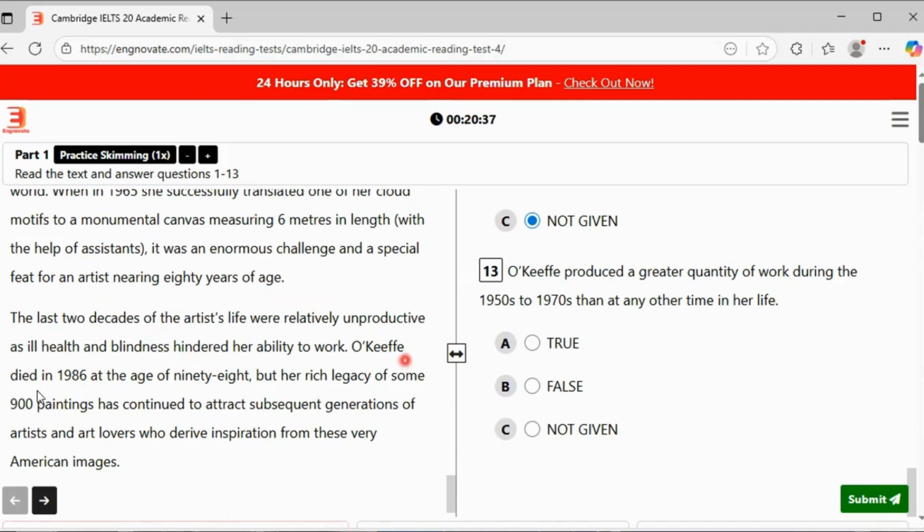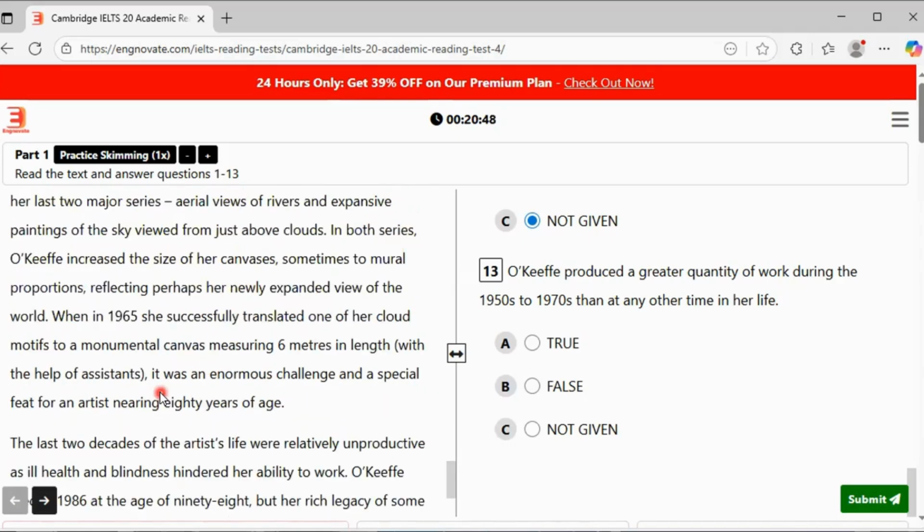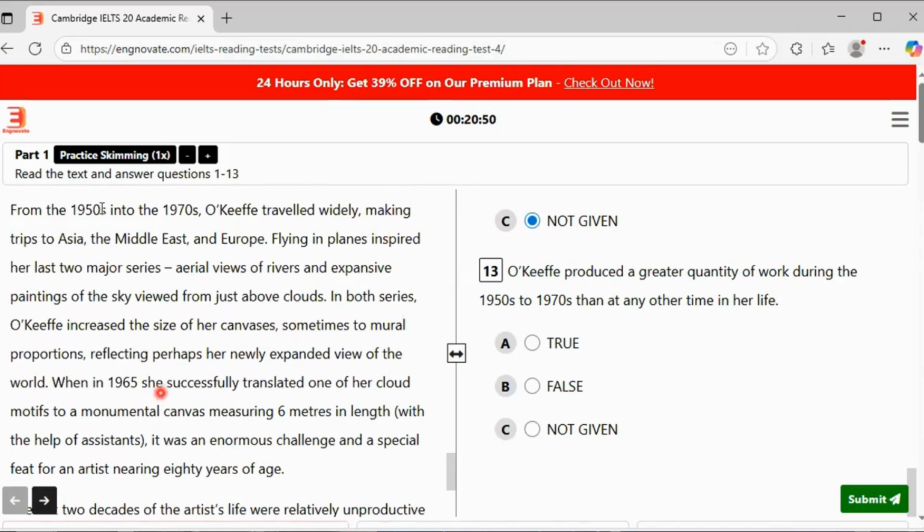O'Keeffe died in 1986 at the age of 98, but left a rich legacy of some 900 paintings. Wow, 900 paintings. From 1950 to 1970, O'Keeffe produced a greater quantity of work. Wow.